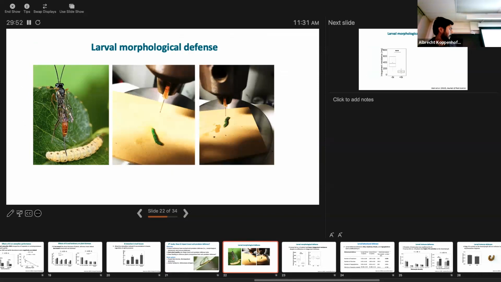Parasitoids lay eggs inside this caterpillar, so they need to breach the integument layer for egg laying. I tried to estimate how much pressure is needed to puncture this integument when they fed on plus and minus silicon plants.